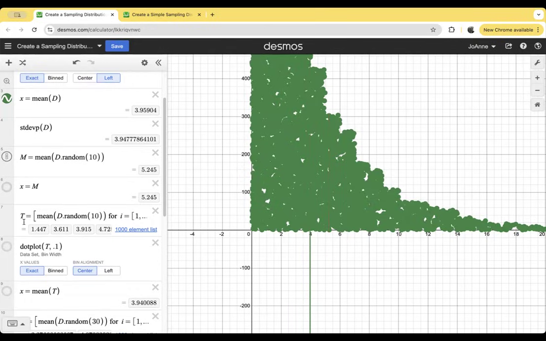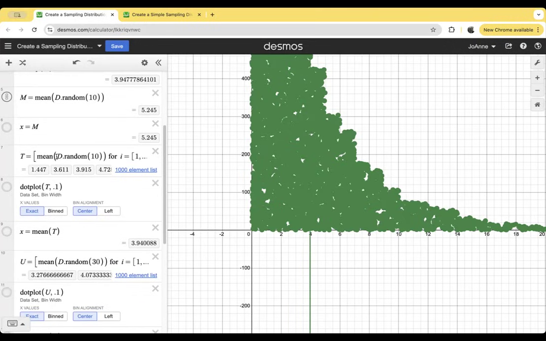Okay, so 1,000 samples of size 10. This is what I'm doing here. I'm taking a random sample of size 10. I'm taking its mean and I'm doing it 1,000 times. Okay, and I'm putting this in another distribution.